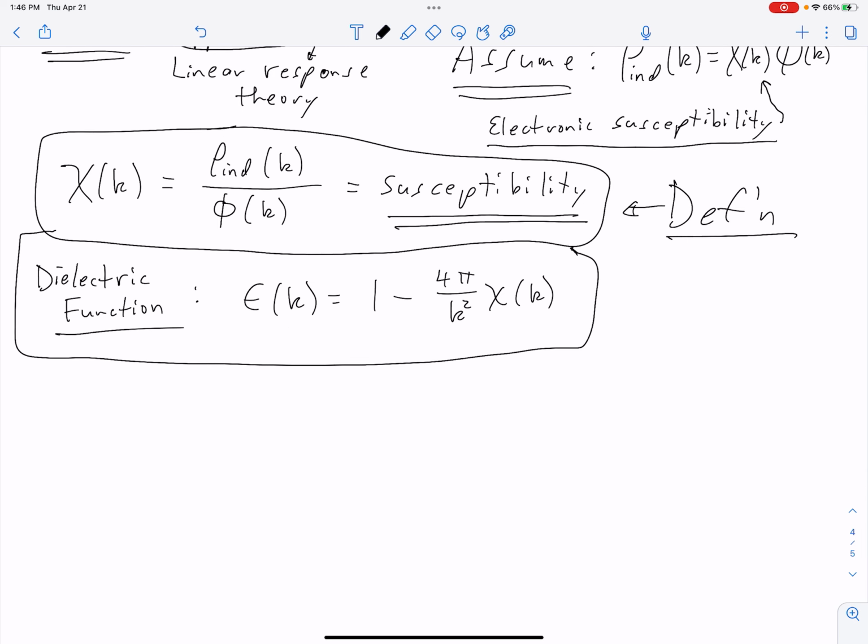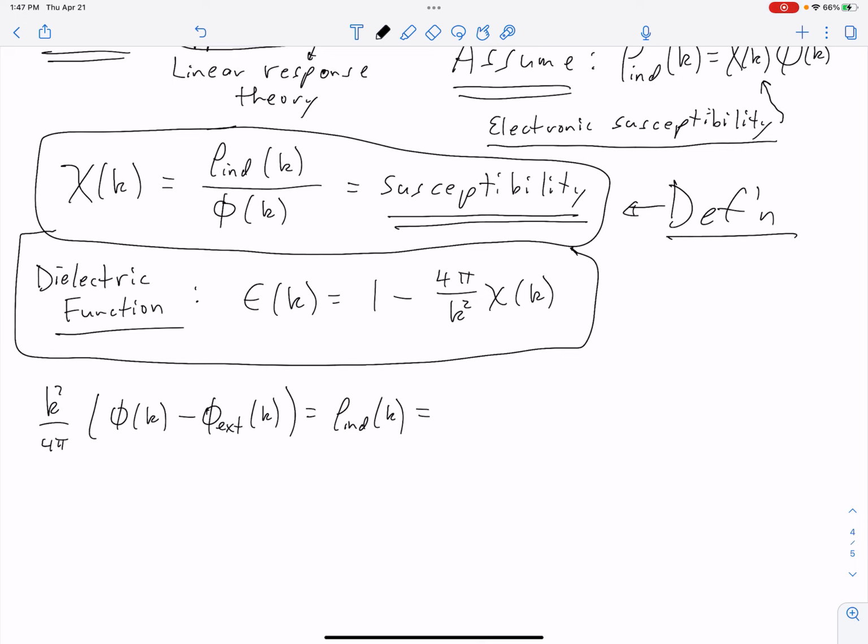This equation, k squared over 4 pi times the total potential, the thing we want, minus the thing we know, which is the external potential, equals this thing we don't know, the Fourier transform of the induced charge.